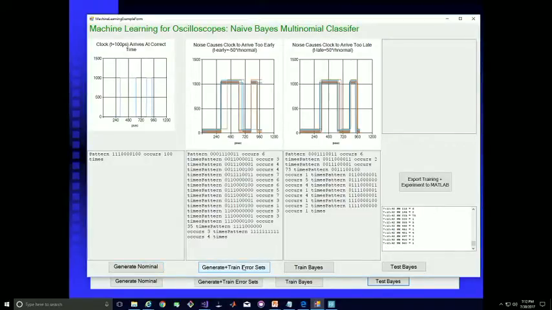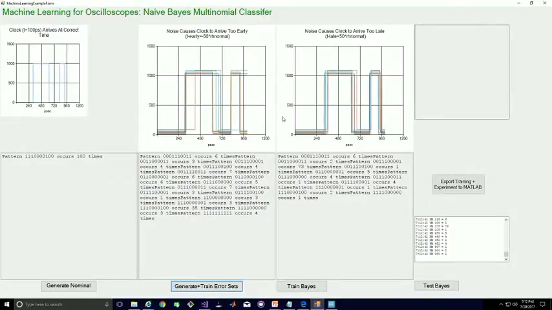So when we do this, we can see, let's make that a little bigger. So we're looking down through here, and we can see in this area we've got a particular pattern which is occurring more than others. This pattern is occurring 35 times. Over here, we can also see that certain patterns occur more than others.